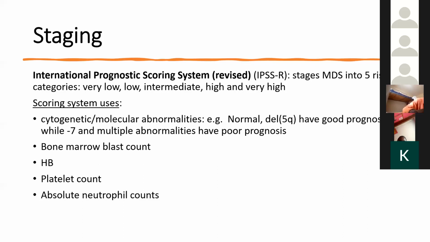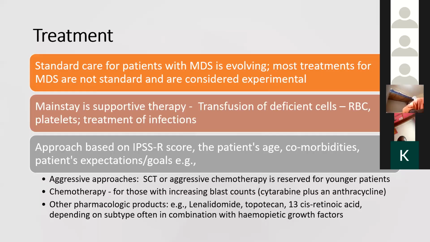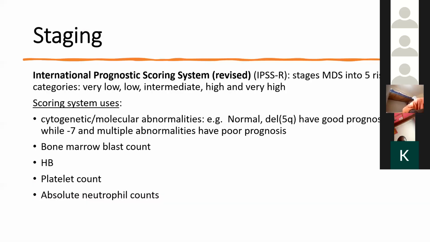So using those parameters, we assign scores to the patient and come up with a certain total score. And this score will tell us whether the patient is very low, low, intermediate, high, or very high risk, those 5 risk groups. Again, that is going to affect the kind of treatments that we are going to give the patient.